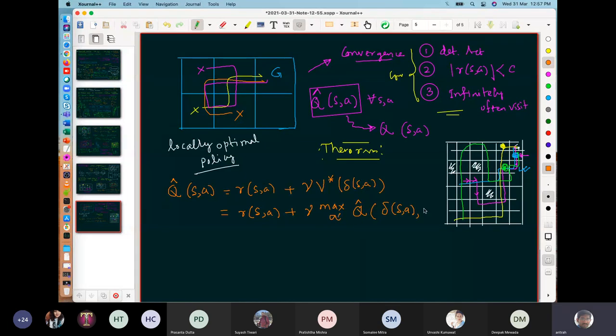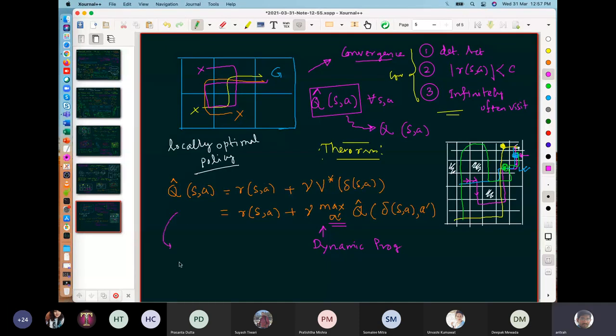This is A dash to make it more clear, right? So this way we iterate, right? And why we wrote this function this way? Because this is typically a dynamic programming paradigm as you are maximizing something.